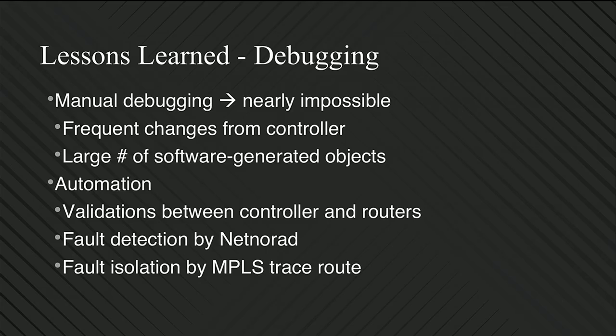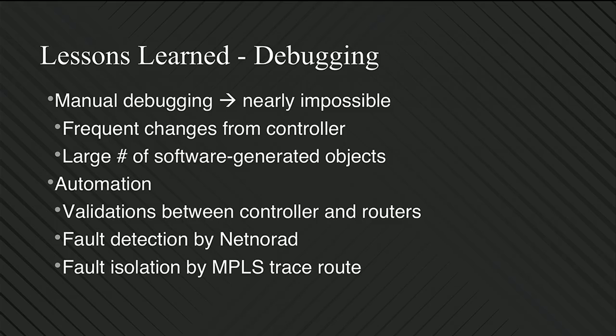Then we found out that a large class of these problems occur because there's an inconsistency between the desired state in the controller versus the actual state in the routers. So we developed a set of validations that reconcile the router states against the controller state. These validations are run as periodic audits. They can also be manually invoked on demand through a CLI tool for interactive debugging.